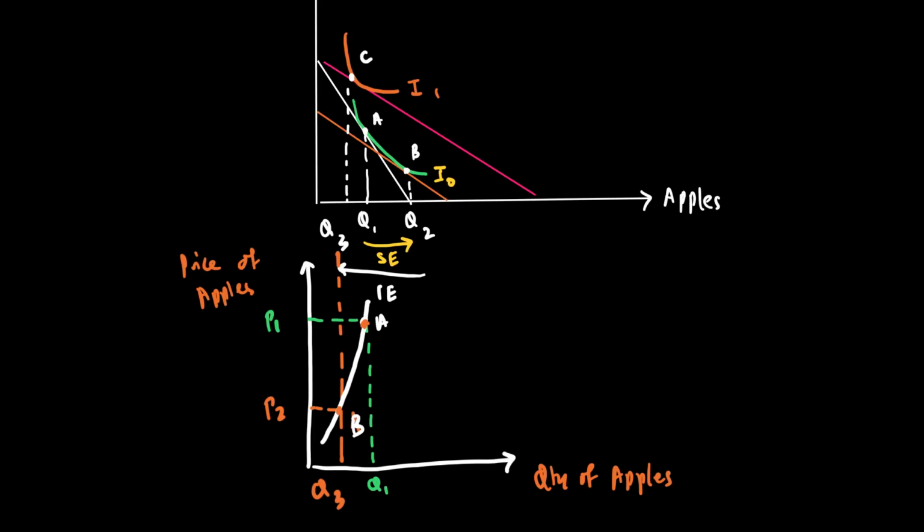But because income effect is small, substitution effect outweighs income effect, and that's why the demand curve is downward sloping. But in the case of Giffen goods, the substitution effect is less powerful than the income effect. Income effect ends up outweighing substitution effect, and that's why we will have an upward sloping demand for Giffen goods.